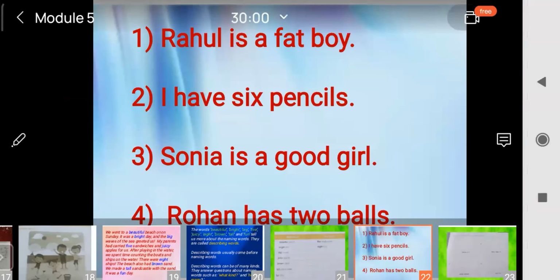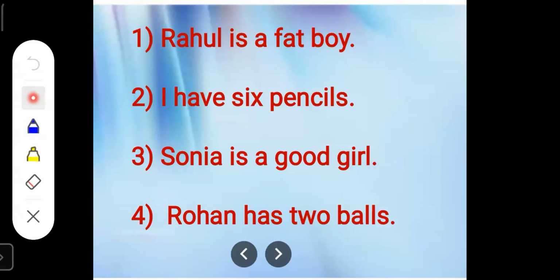For example, Rahul is a fat boy. Children, Rahul and boy are naming words. The word fat tells us what kind of boy Rahul is. So fat is a describing word.